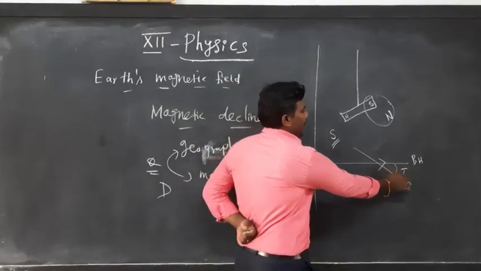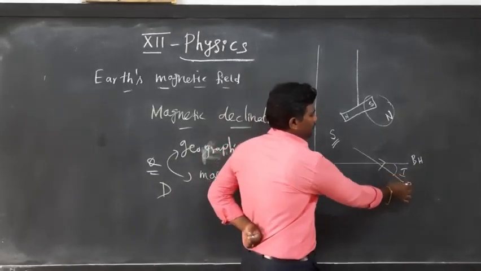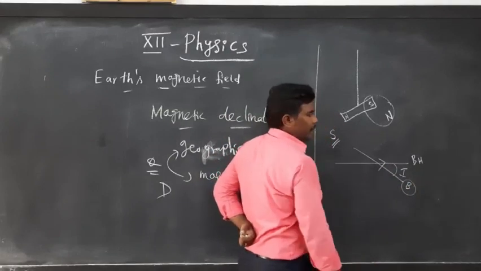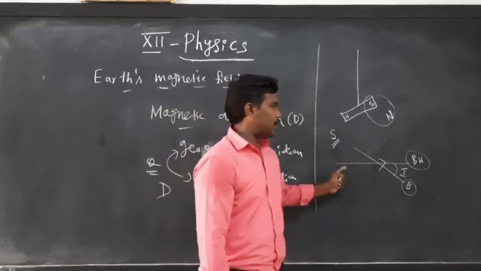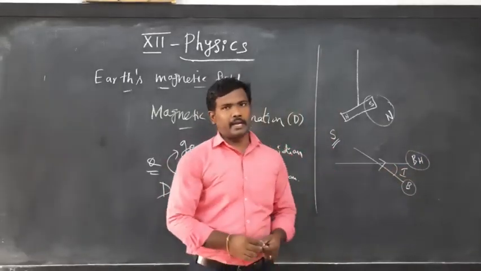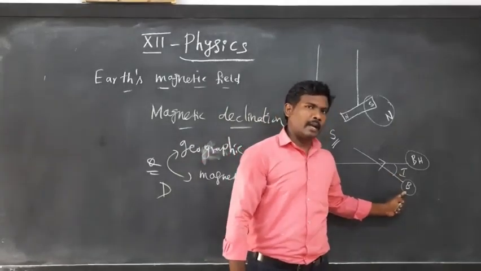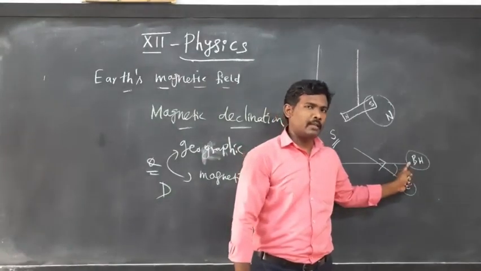So it is the angle between the total earth magnetic field and the horizontal component of the earth magnetic field.